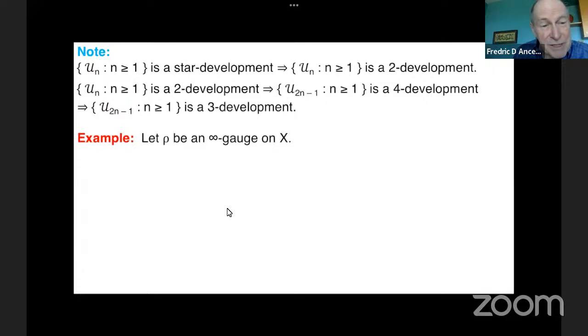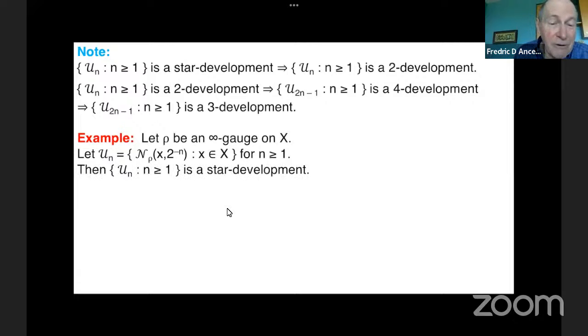And so, for example, if you have an infinity gauge, something that takes on the value of infinity, and you look at the neighborhoods of radius 2 to the minus n, they are a star development of the topology.